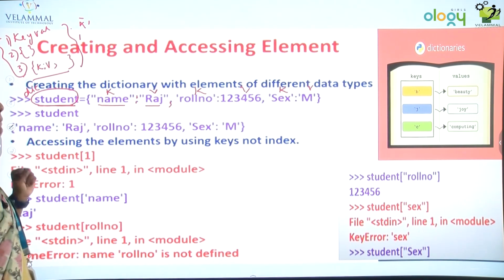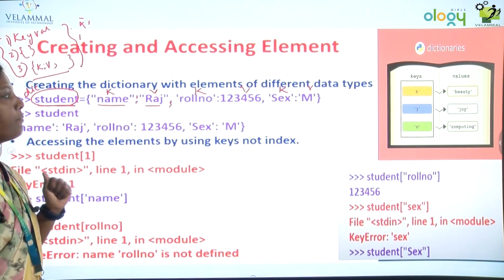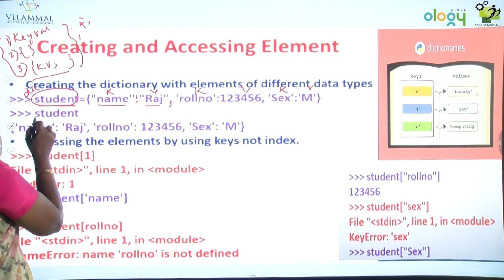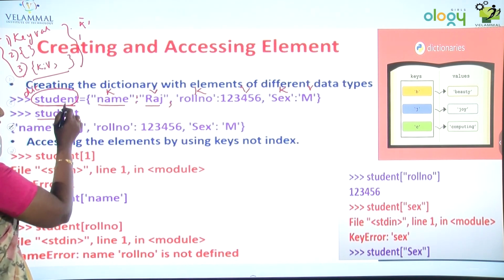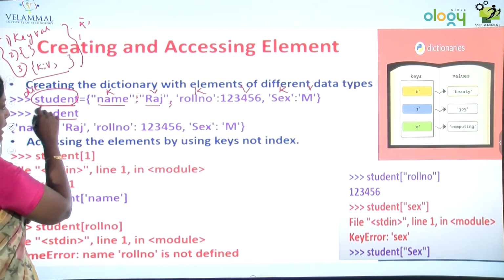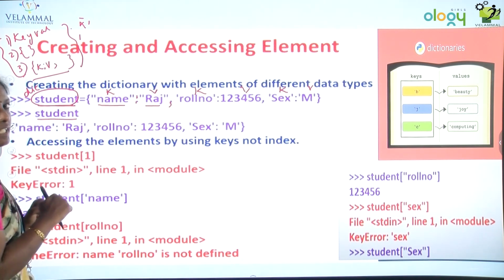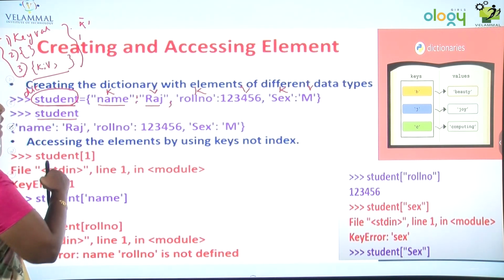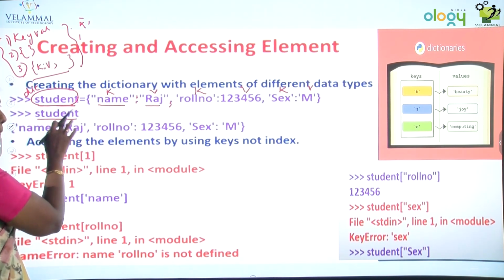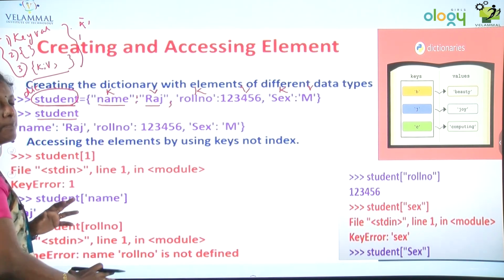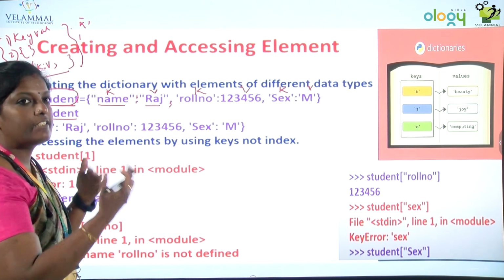So if you want to print it, how are you supposed to print it? You can print it either like this, by giving the dictionary name. The dictionary name is student, I told you at the beginning of the class, right? When you type student in the interactive terminal itself, it will display your answer.